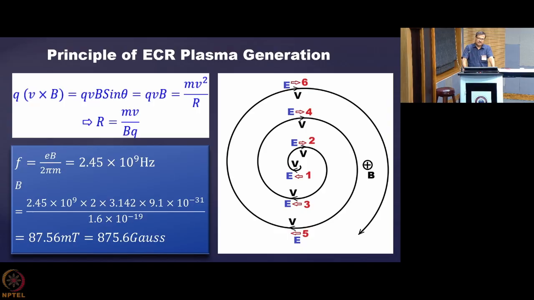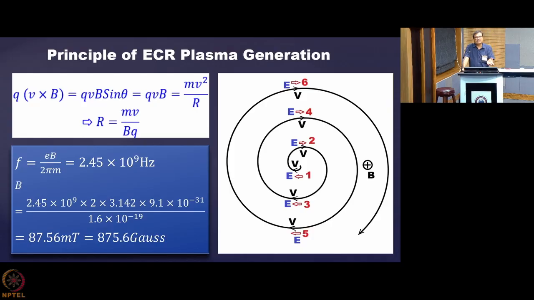Now suppose the velocity vector, as the particle is moving, is continuously changing its direction. Now in this direction it is changing, now it is in the opposite direction, then changing, now again in the previous direction, then changing, now in the opposite direction. So the velocity vector is continuously changing. Now what if you are able to polarize the electric field in such a way that it is always in the direction of the velocity vector?